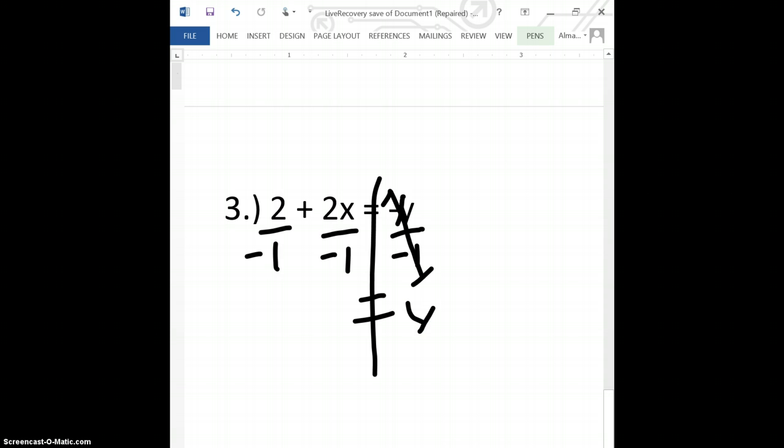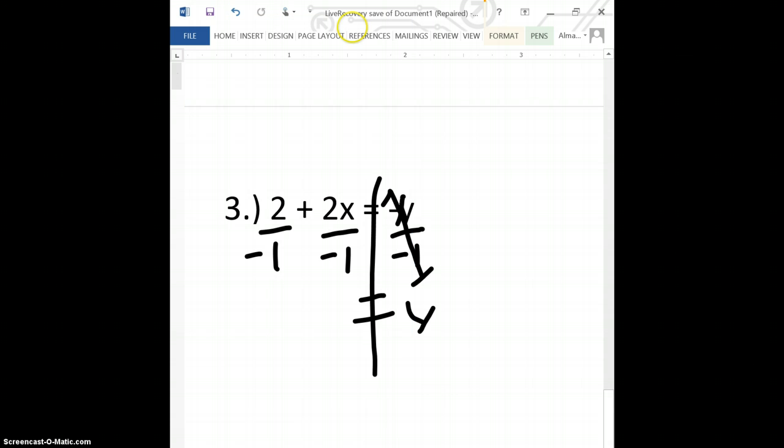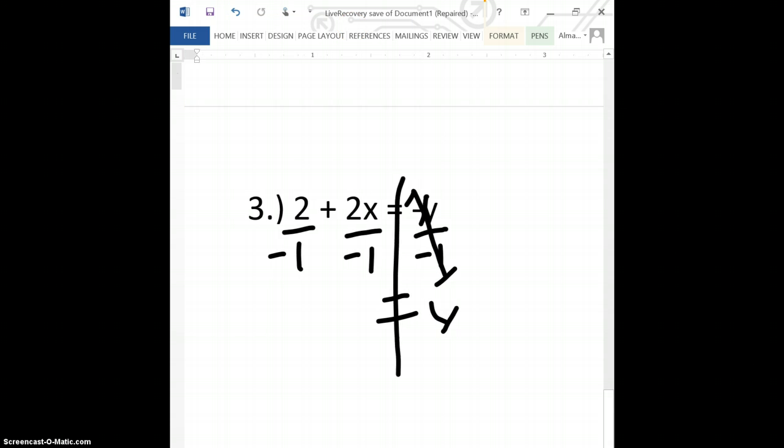And 2 divided by negative 1, if I put that in my calculator, or you can do this in your head, is the same thing as negative 2, so that's negative 2.